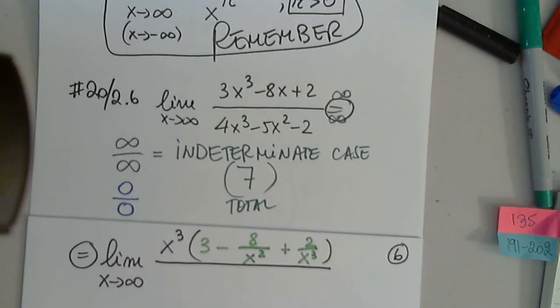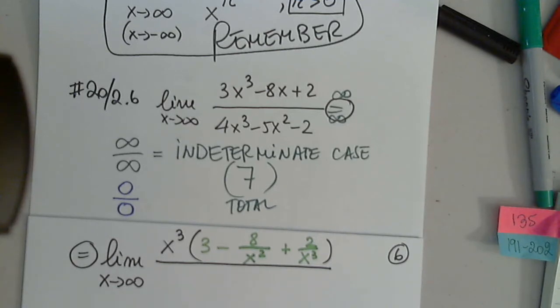I'm a little confused. You shouldn't be, but I'm kidding. X cubed times 3, 3x cubed. X cubed simplified with x squared, I get 8x. X cubed simplified here, I get 2. Is that okay? Because you're just essentially multiplying each one of those individually and rebuilding it.